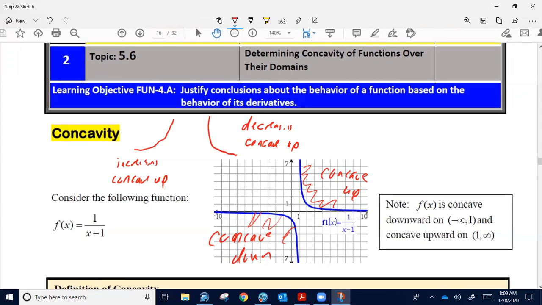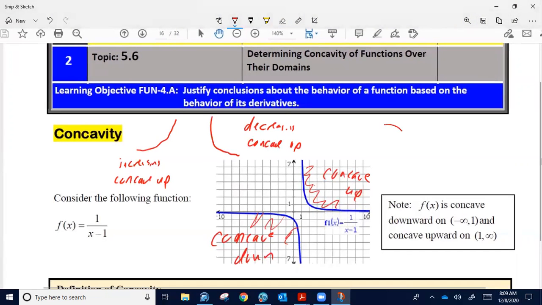And then you also have something like this could be a shape where this would be decreasing and concave down.